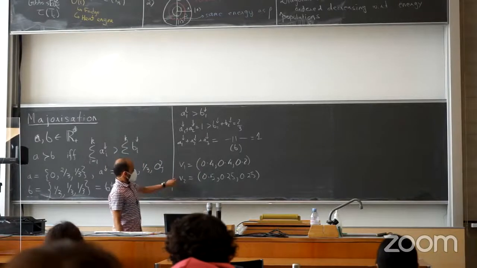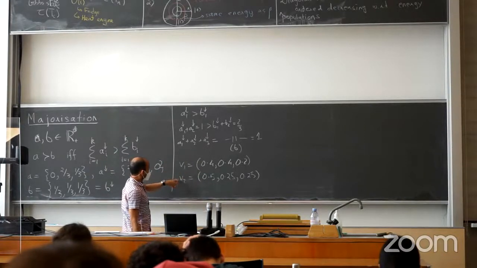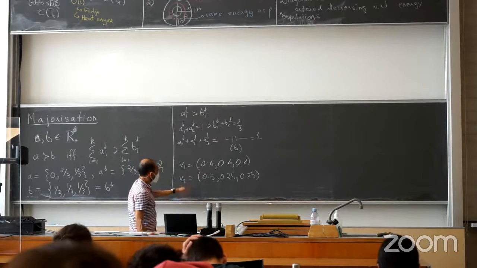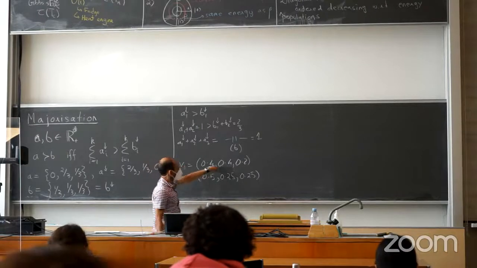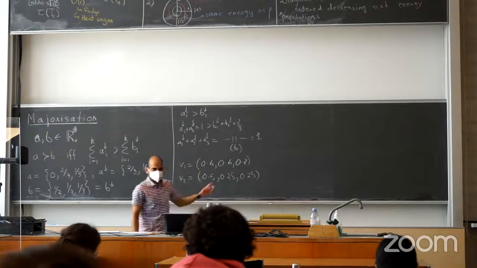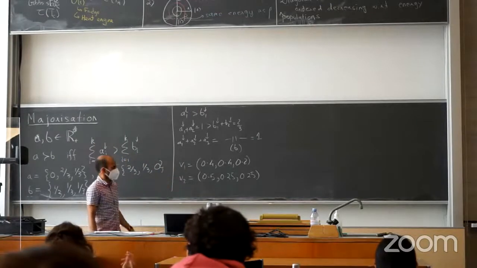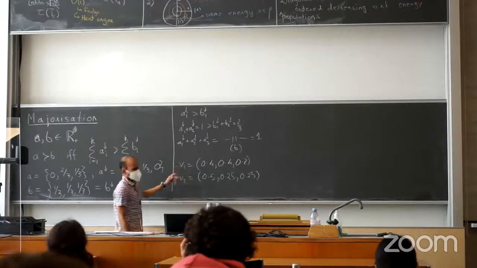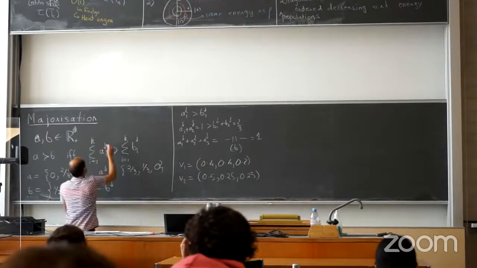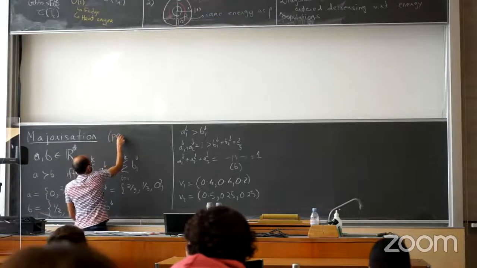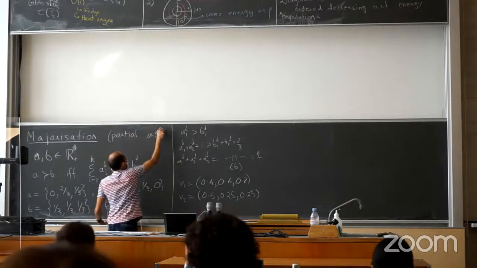You see, these are already ordered and decreasing, so we don't have to order them again. V2 has the larger first element, but if I sum up the first two elements of V2, this is 3/4, 0.75. But if I sum up the first two elements of V1, it's 0.8, so it's larger. So one of the partial sums is larger in one case, but it's the opposite in the other partial sum. So these two vectors are not comparable. So therefore, it is only a partial order.